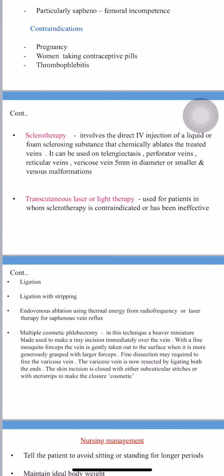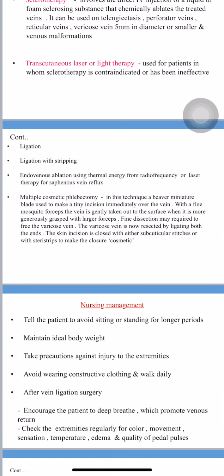Next is endovenous ablation using thermal energy from radiofrequency or laser therapy for saphenous vein reflux. Next is multiple cosmetic phlebectomy. In this technique, a Beaver miniature blade is used to make a tiny incision immediately over the vein.